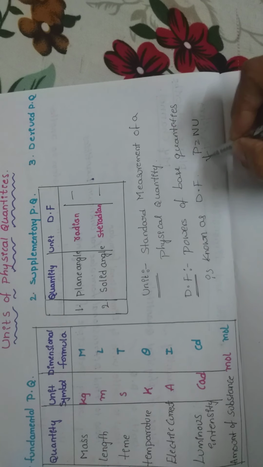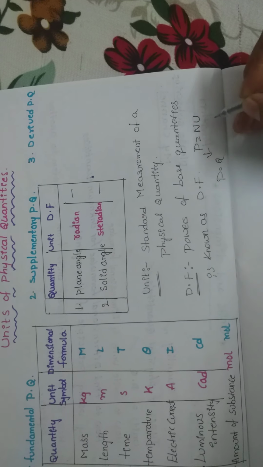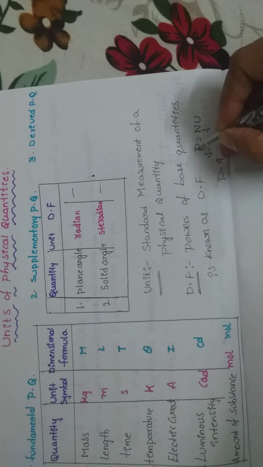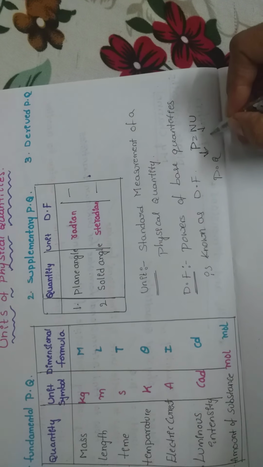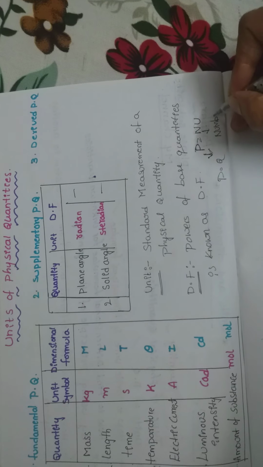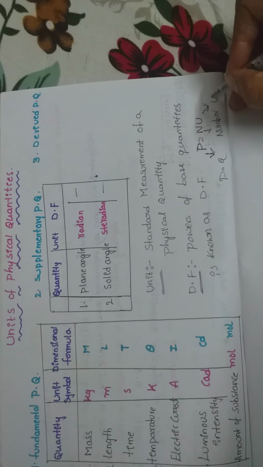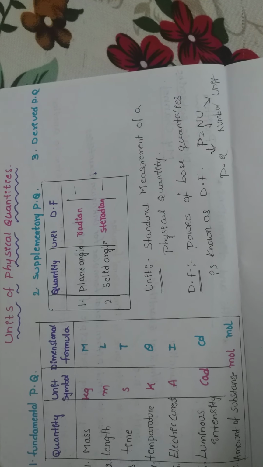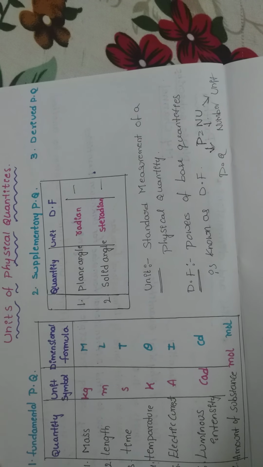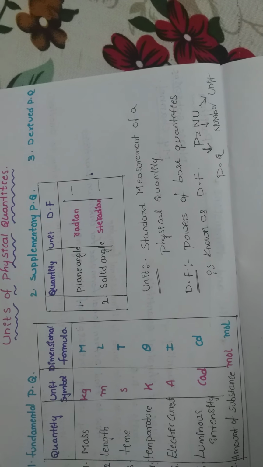Here P is nothing but physical quantity, n is nothing but number, and u is nothing but unit. So always we should represent the physical quantity P equals n u.